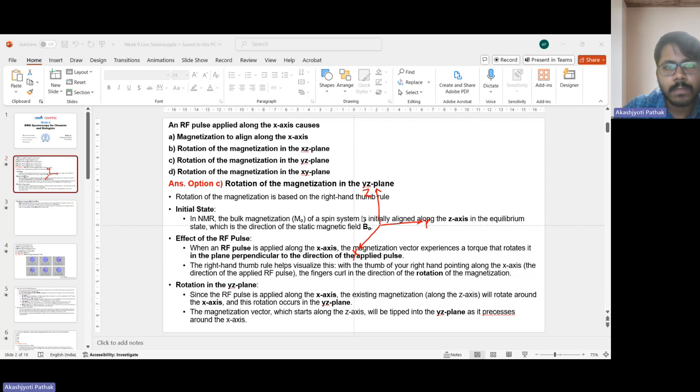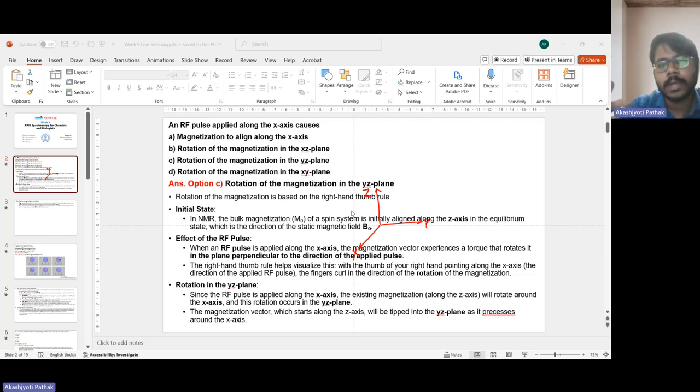X, Y, X. It is applied along the x-axis.